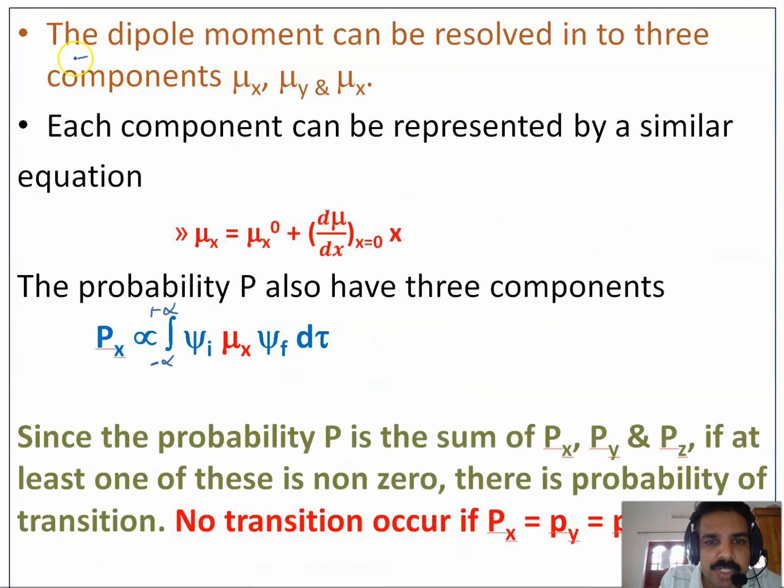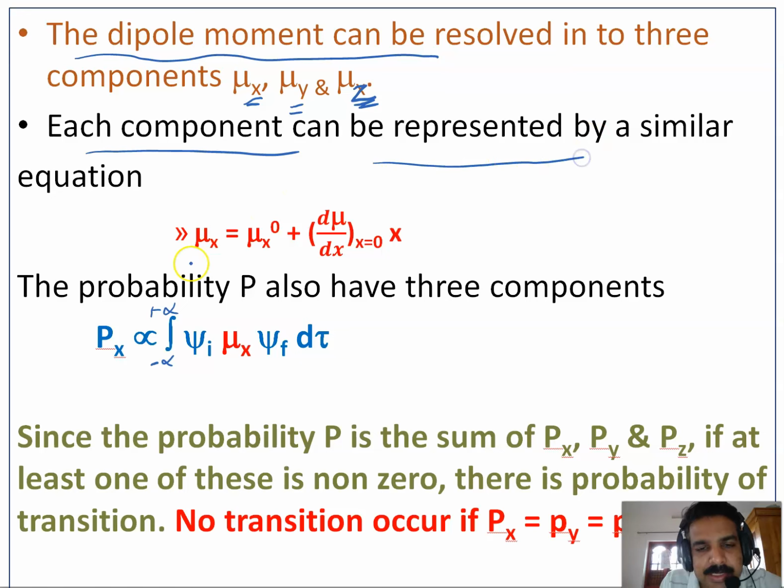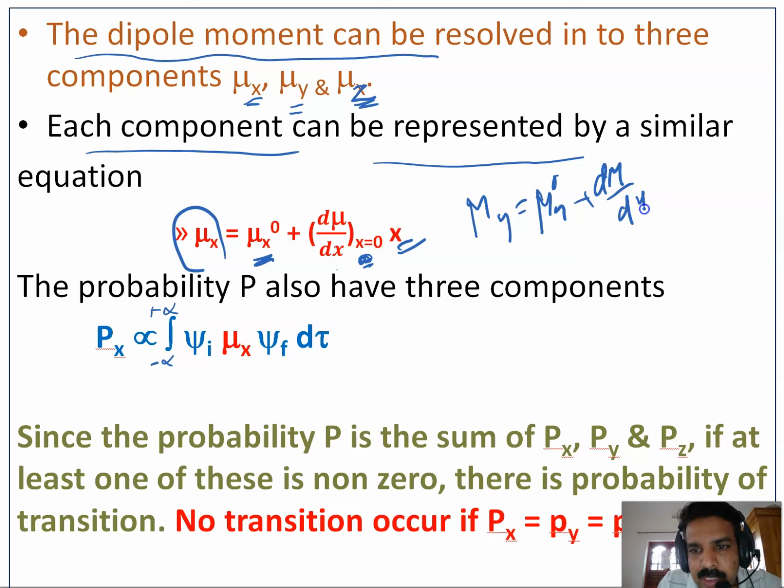and this dipole moment can be resolved into three components: mu x, mu y, mu z. Each component can be represented by a similar equation written earlier. That is, mu x is equal to mu x 0 plus d mu by dx at x equal to 0 times x. Similarly for mu y, mu y is equal to mu y 0 plus d mu by dy at y equal to 0 times y.